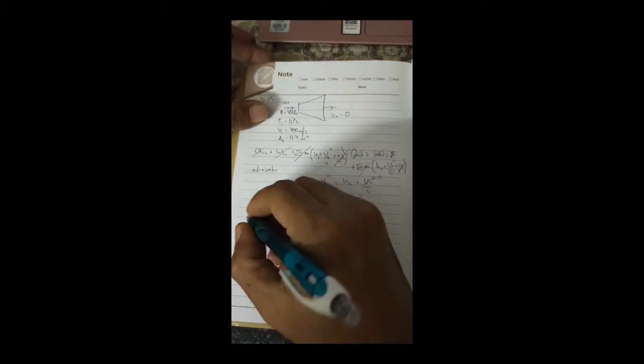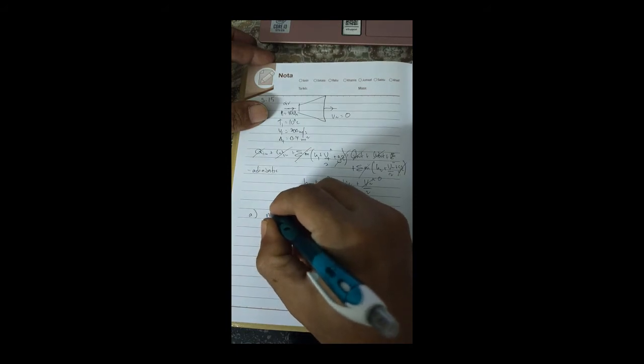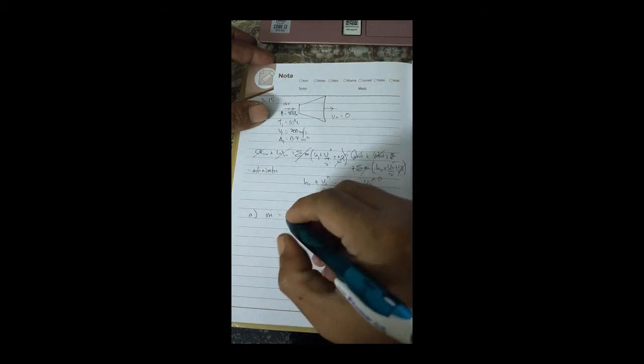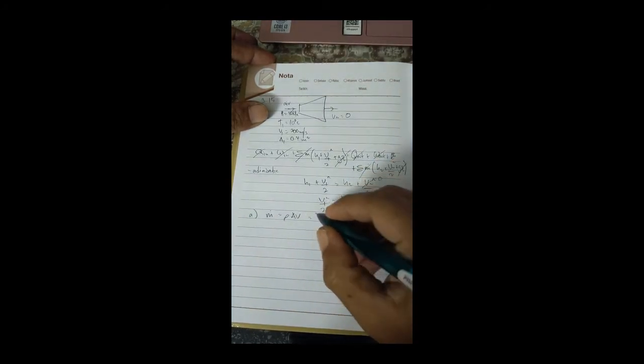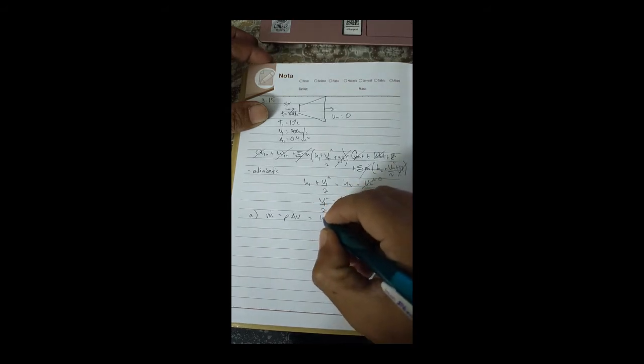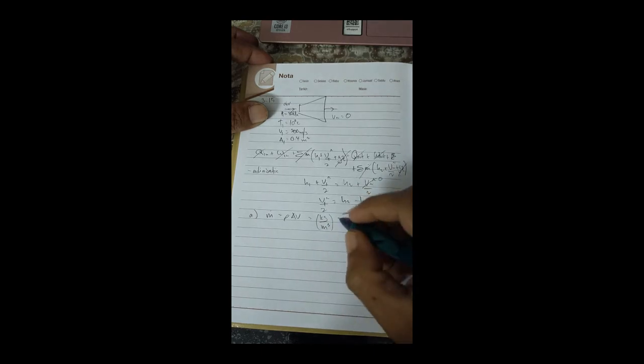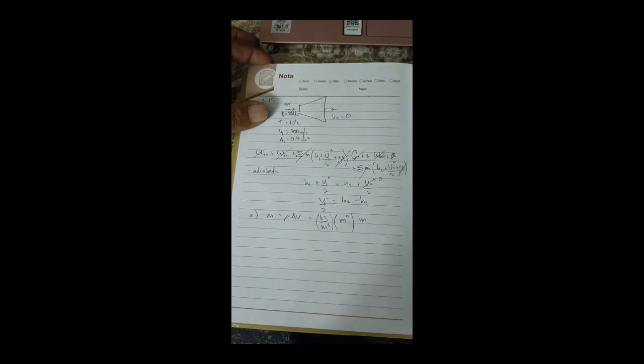Okay, the first question is to determine the mass flow rate. Mass flow rate m dot is rho A V, which is rho in kg per meter cube, times area in meter square, times velocity in meter per second.